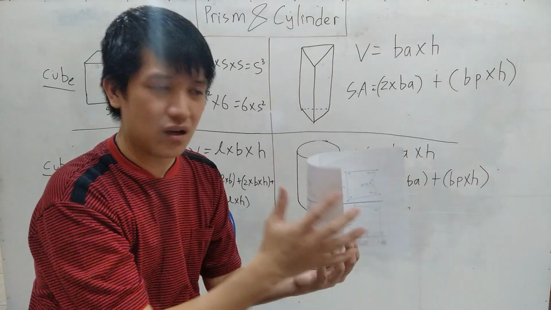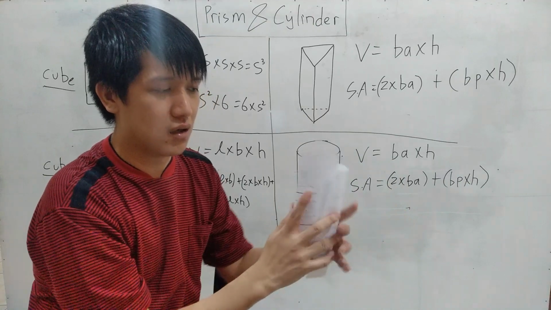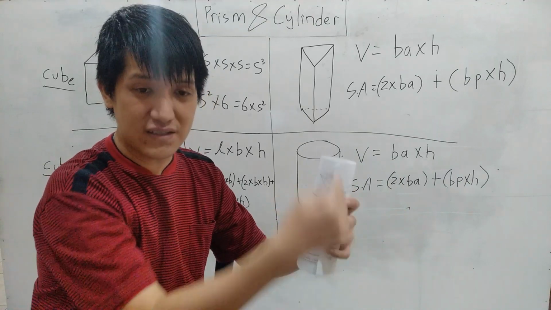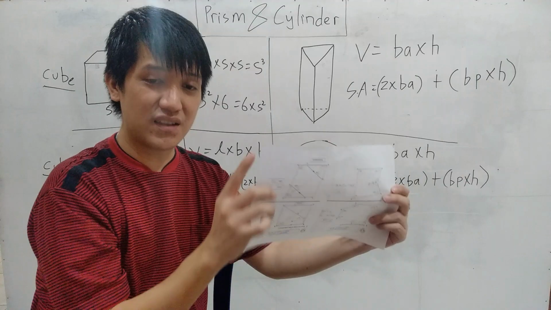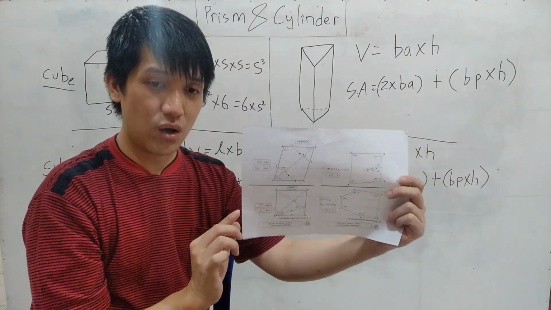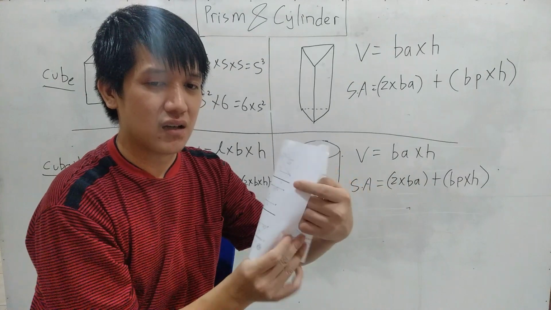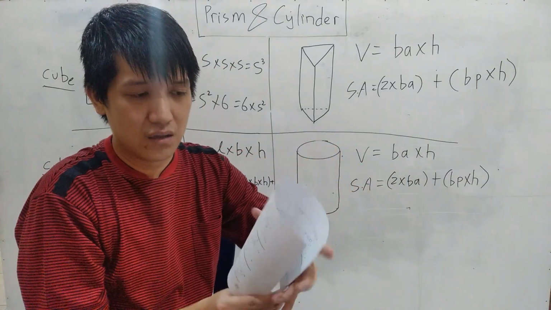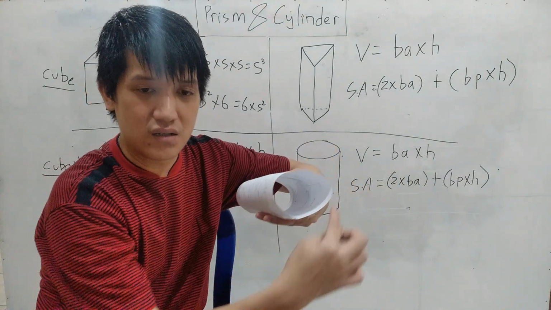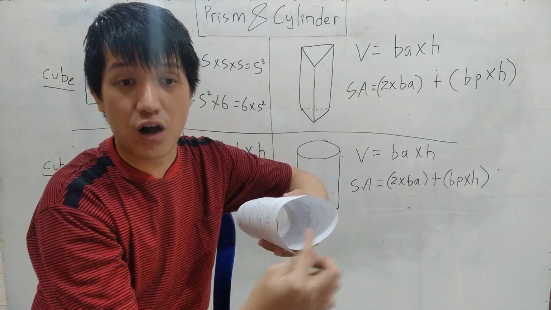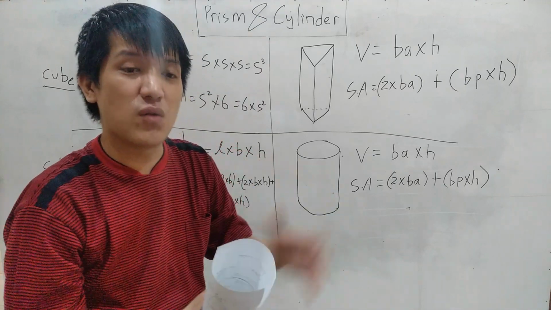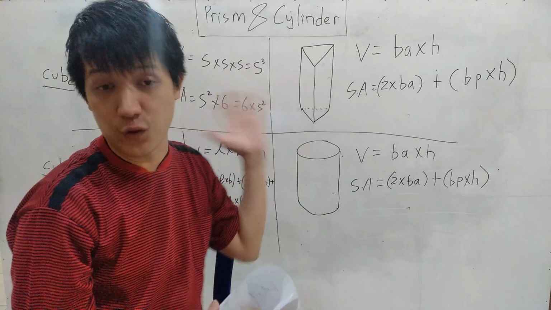The height of the cylinder will be the breadth of the rectangle, while the length of the rectangle will be the perimeter of the base. Okay, so that's why we get all these formulas.